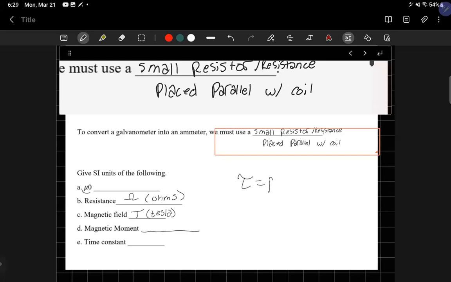Let's see. Tau equals P cross B. Newton, Tesla.